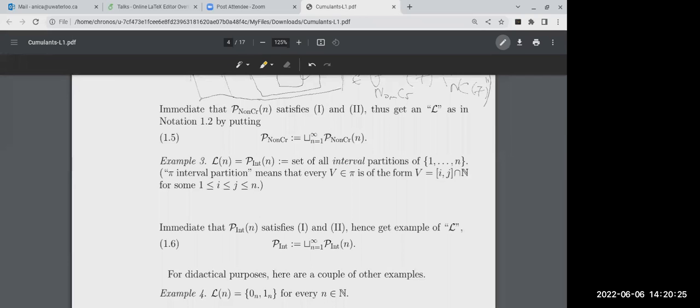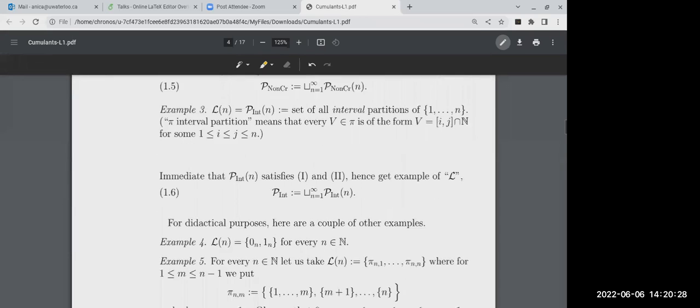These are partitions where every block is an interval. So these are very simple. Let's do it again for 7. The only thing you need to do, if you know that the blocks are intervals, is to indicate the sizes of the blocks when you read them from left to right, and that's all you need to know to draw these partitions.